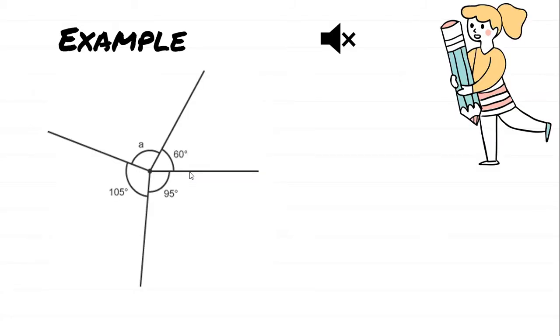So here's an example. All these angles here sum to 180 degrees. So angles around a point sum to 180 degrees.